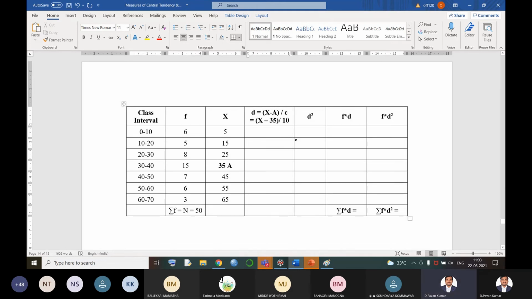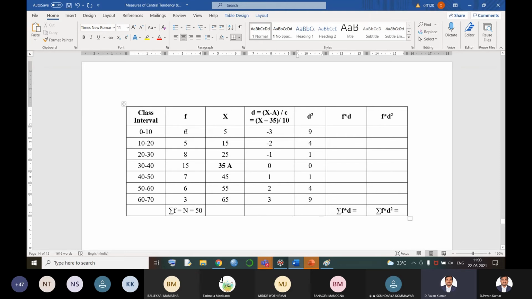Now 5 minus 35 is minus 30, divided by 10 is minus 3. Next, 15 minus 35 is minus 20, divided by 10 is minus 2. Then minus 1, 0, 1, 2, 3. So I've got these values, simply squaring them: 9, 4, 1, 0, 1, 4, 9. Okay, we have got d square values also.